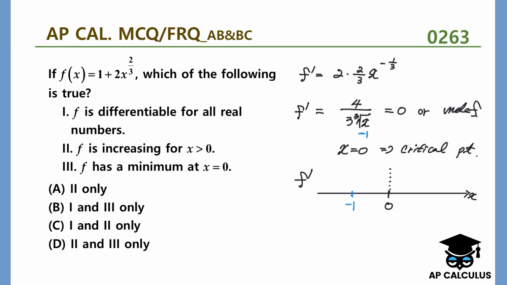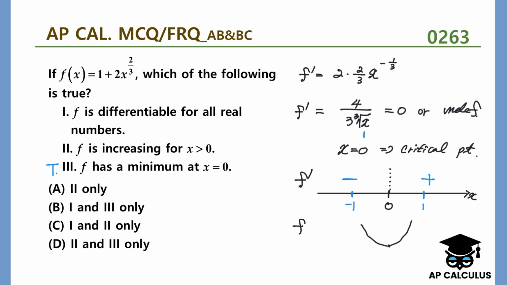If x is greater than 0, let's substitute 1. Then all of this expression is positive, 4 over 3 times 1. So the graph of f decreases in this interval and increases in this interval, right? So we have a relative minimum at x equals 0. So this is true.